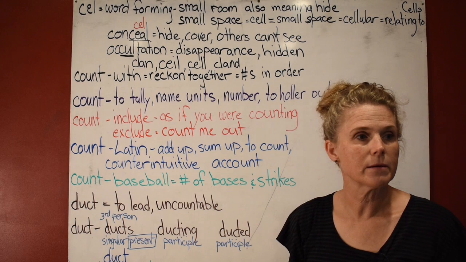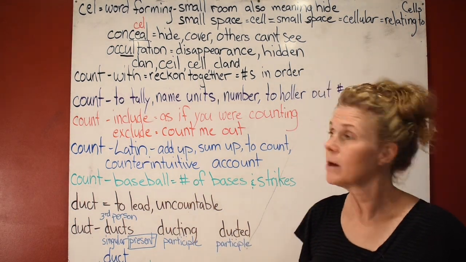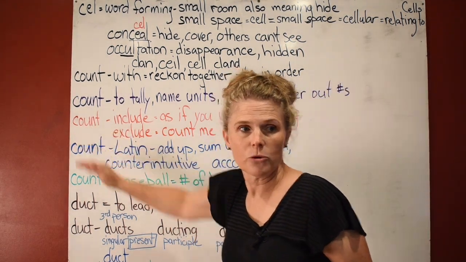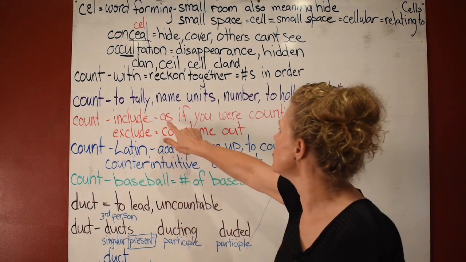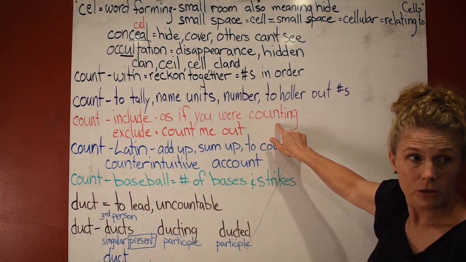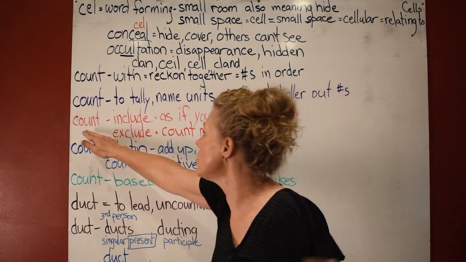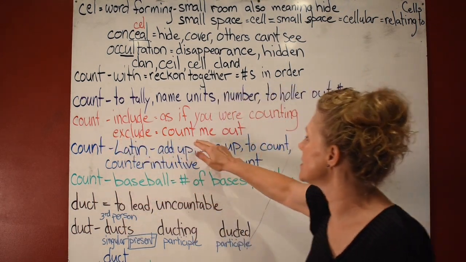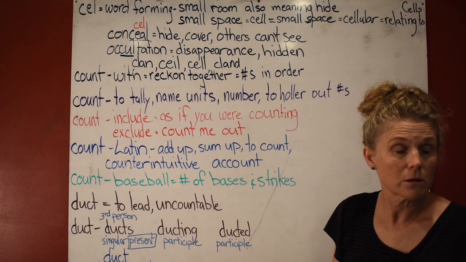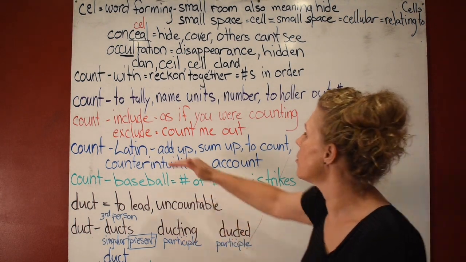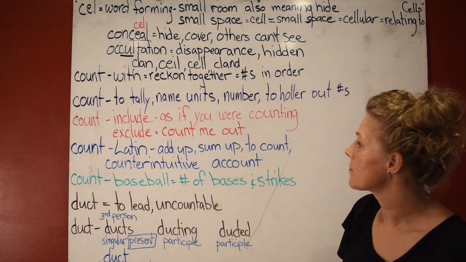Count me in. Are you being included? That's what that count means. When you say count me in, you're being included as if you were counting. You're counting as the number. But it also can mean exclude, as in count me out. So you can use it in those terms also.